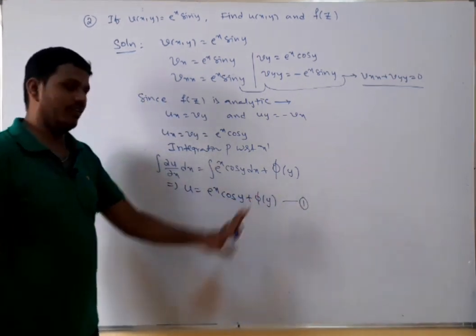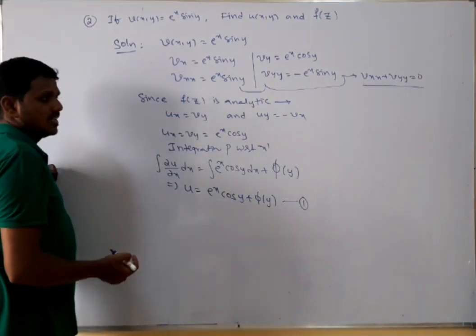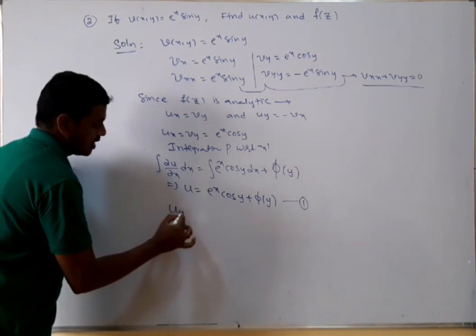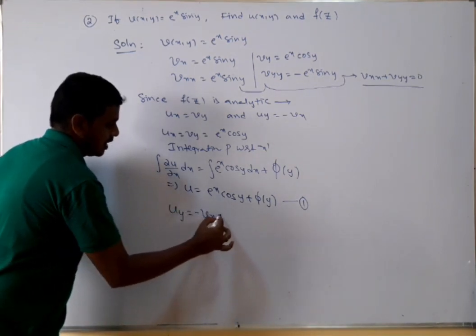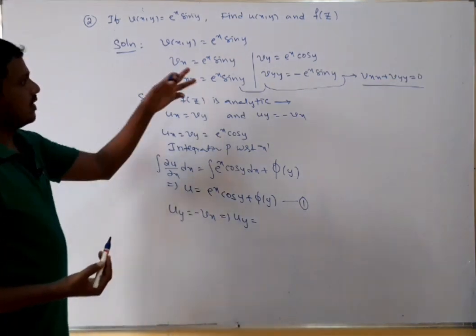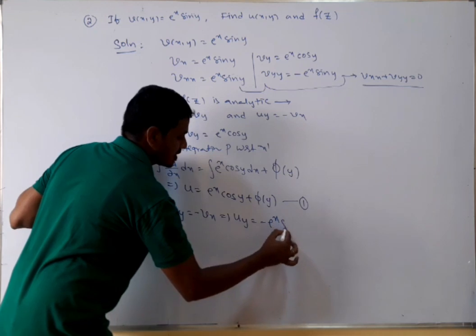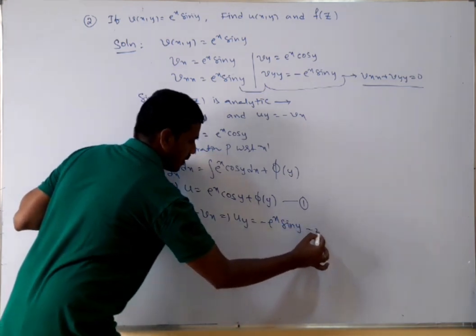Now I am going to find the phi of y. To find the phi of y, I go for the second CR equation: uy is equal to minus vx. That implies uy is equal to minus vx, which is minus e to the power of x sin y. Say this is 2.